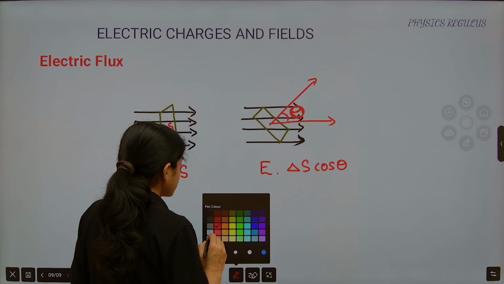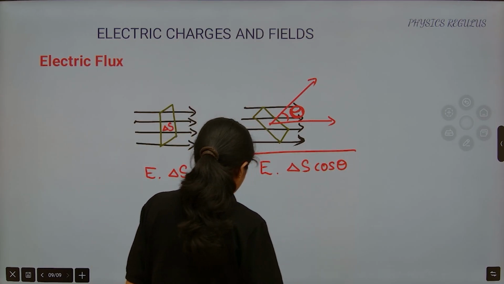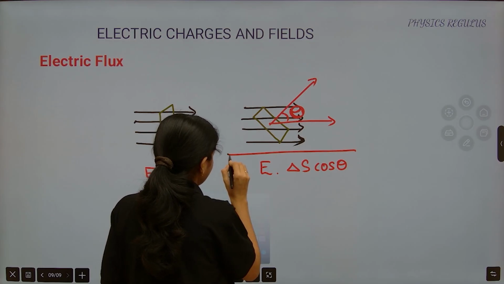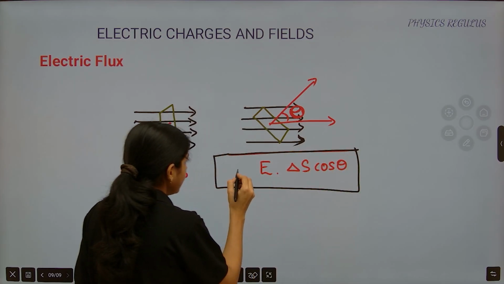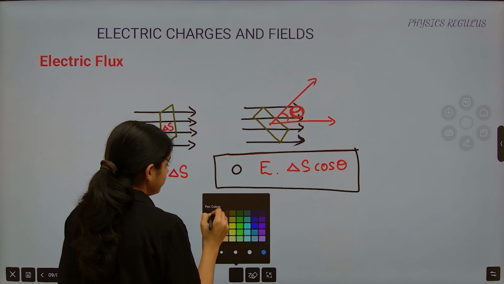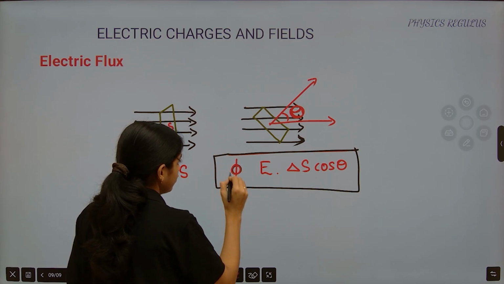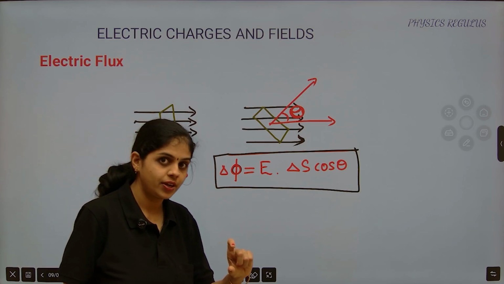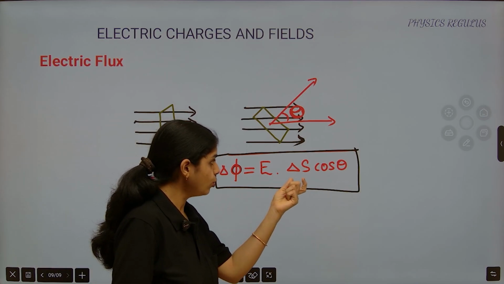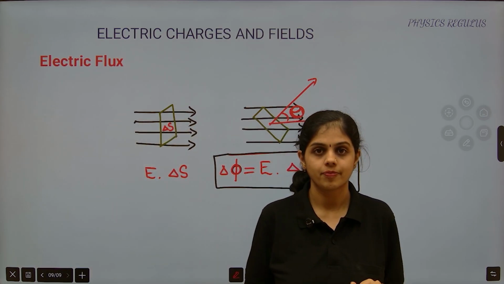We define this quantity as electric flux. And electric flux is represented by the Greek letter phi. Electric flux through a given surface is given by E into delta S into cos theta.